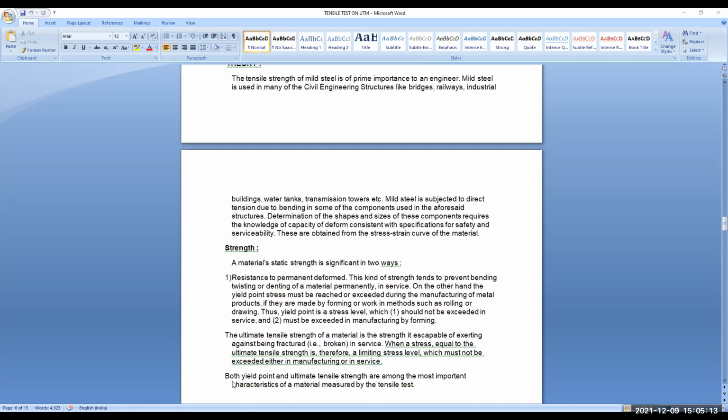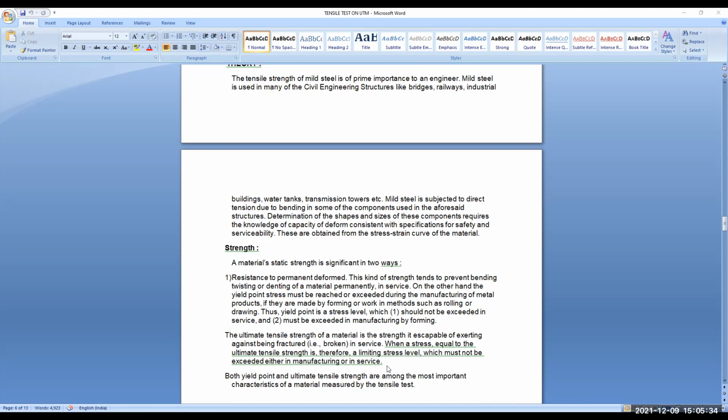The ultimate tensile stress is the strength capable of resisting fracture, that is, breaking. Tensile strength is therefore a limiting stress level which must not be exceeded either in manufacturing or in service. What is ultimate tensile stress?